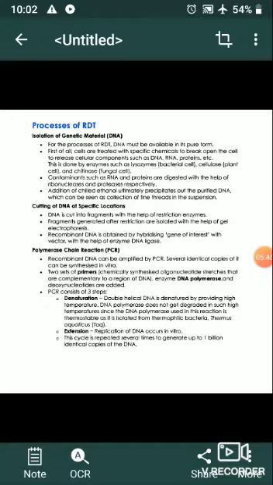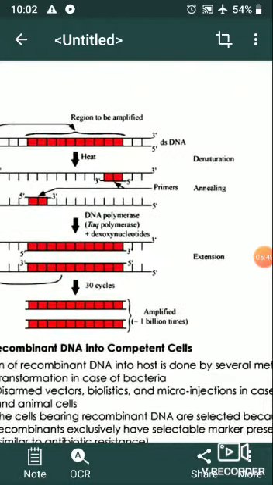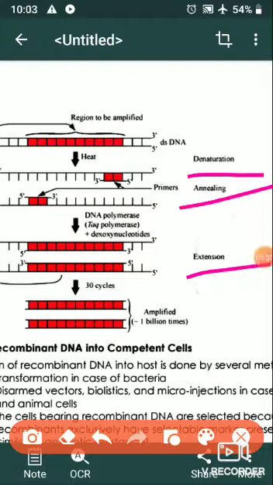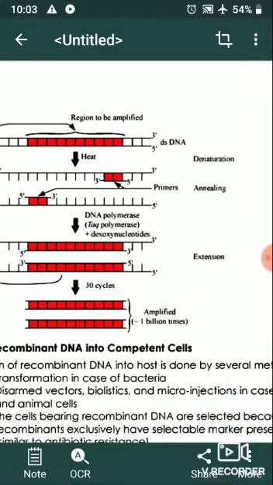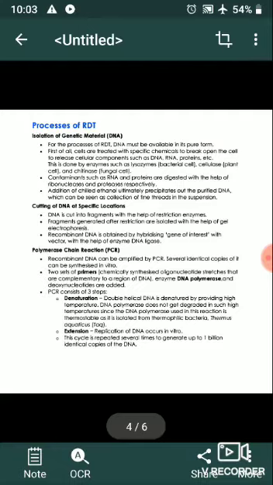PCR consists of three steps: denaturation, annealing, extension. Denaturation means double helical DNA is denatured by providing high temperature.